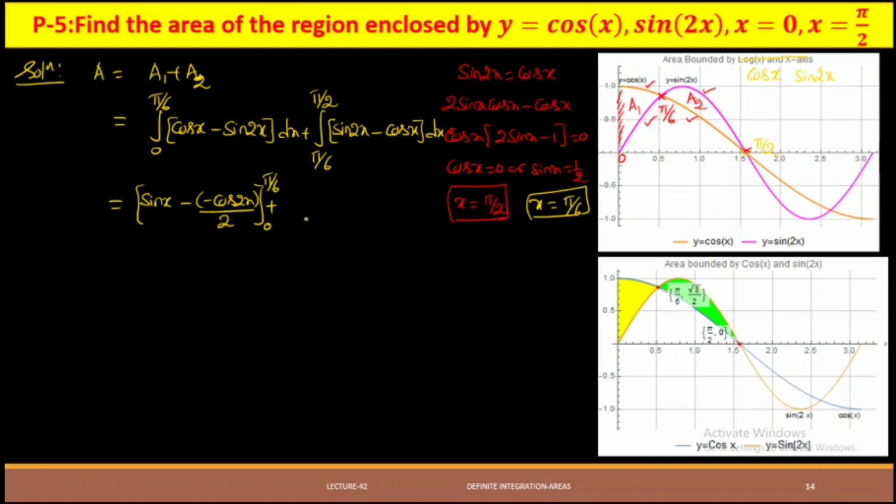Now let us go to the second integral. It is sin 2x; the integral of sin 2x is minus cos 2x by 2, minus the integral of cos x, which is sin x. So the integration part is done.